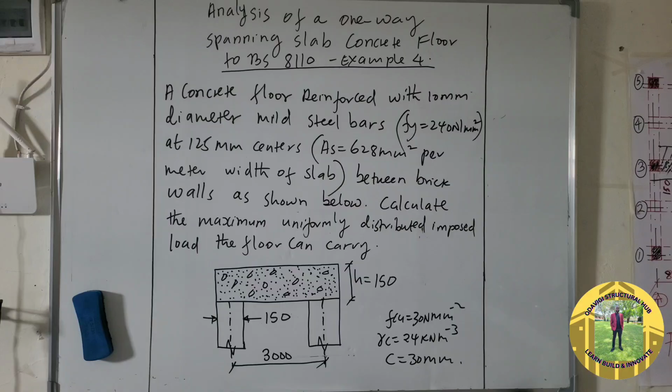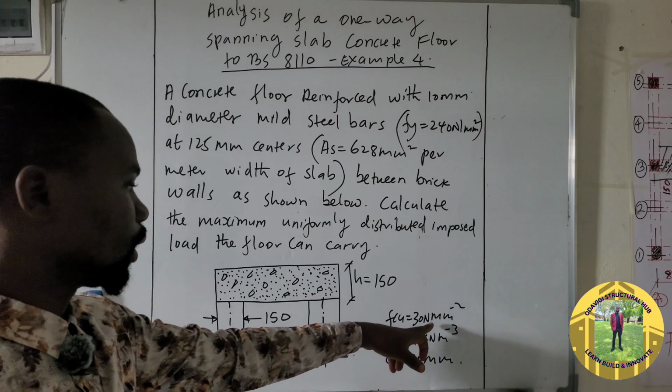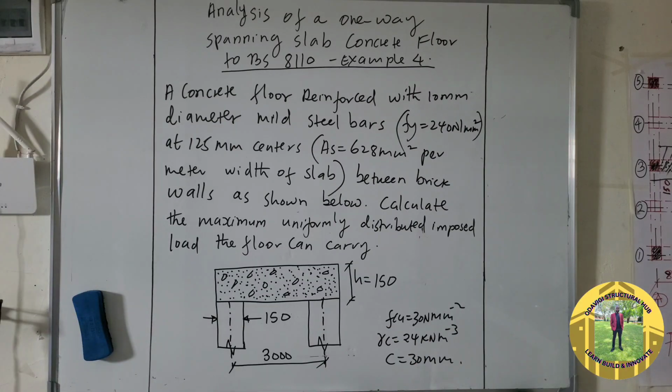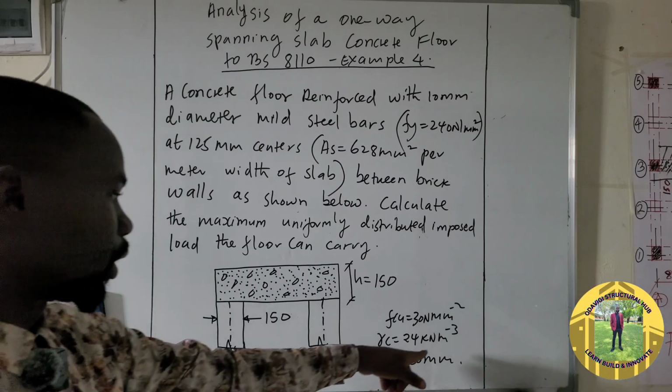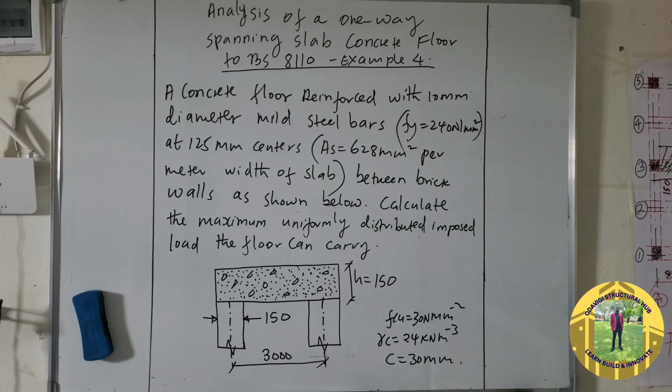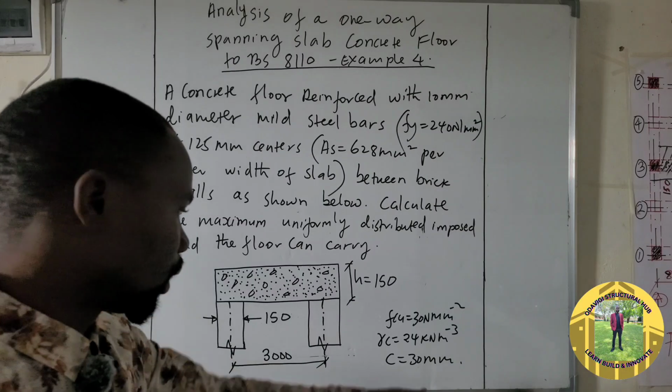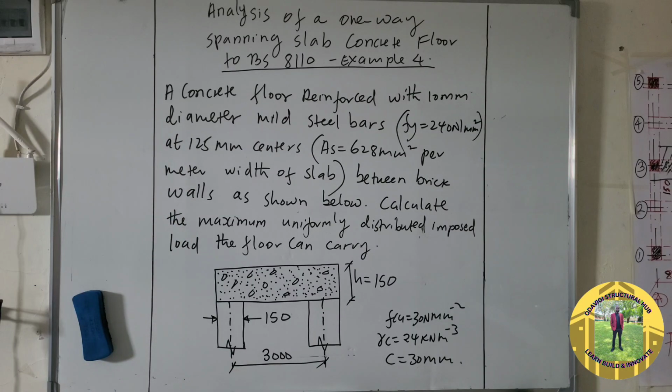So we will use fcu as 30 Newton per millimeter square, the unit weight of concrete as 24 kilonewton per meter cubic, and the cover as 30 millimeter.